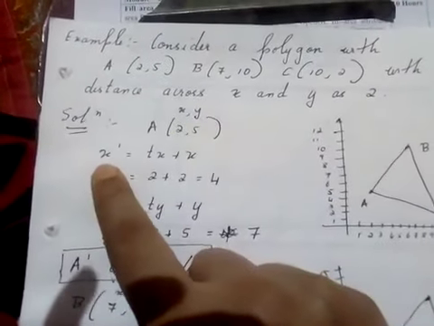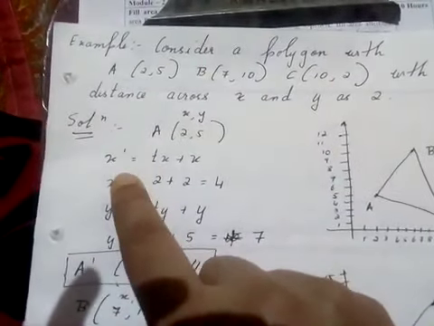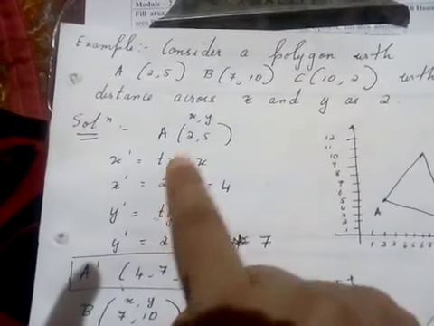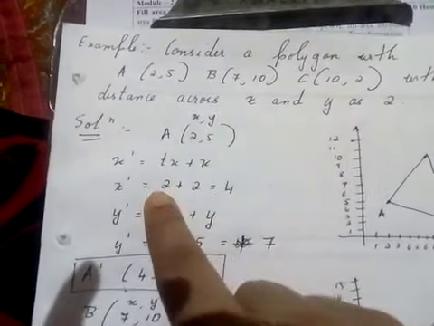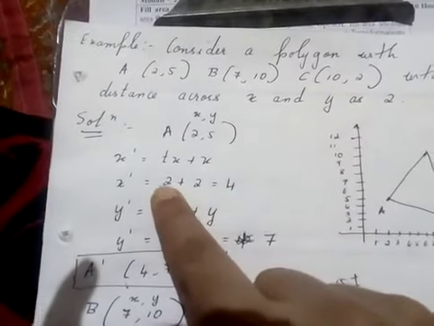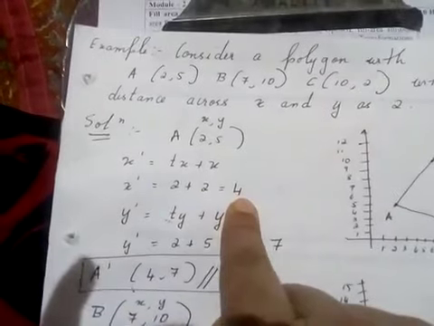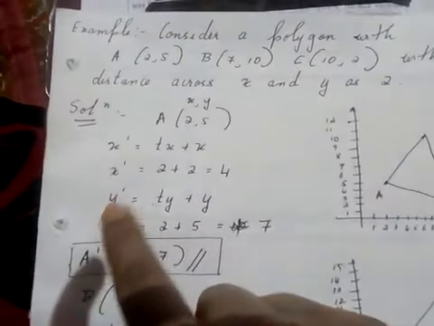What is the formula for finding x dash? X dash is equal to tx plus x. How much is tx? Tx is 2 and x is 2, so 2 plus 2 is equal to 4. So x dash is 4. What is the formula to find y dash?